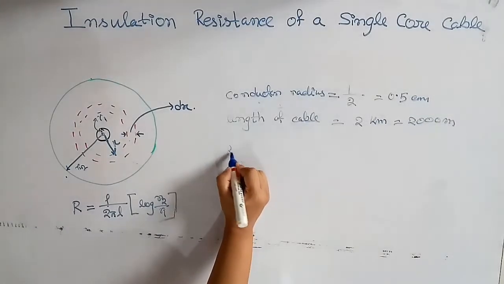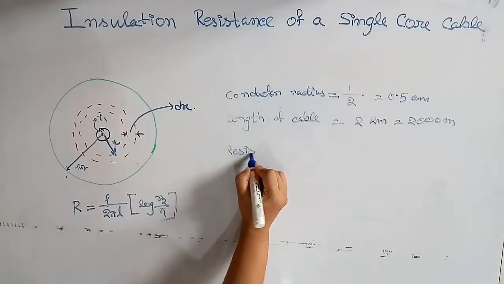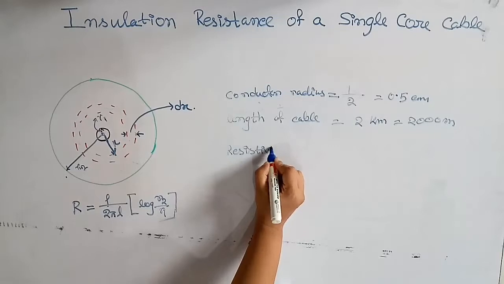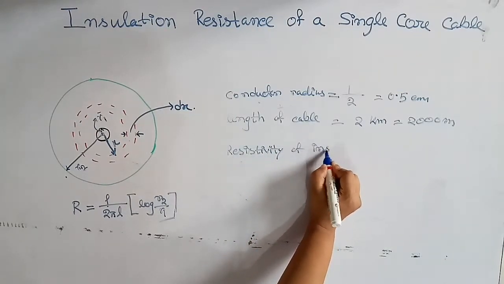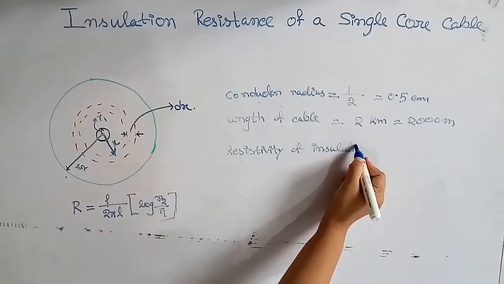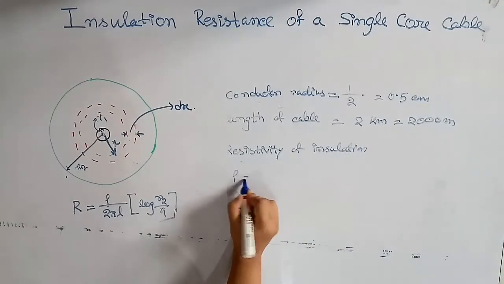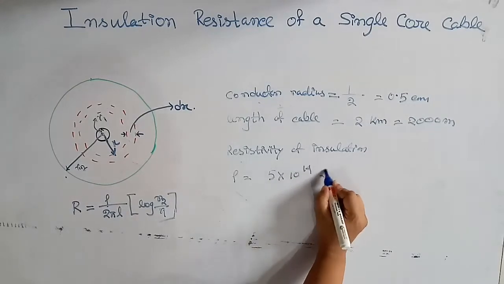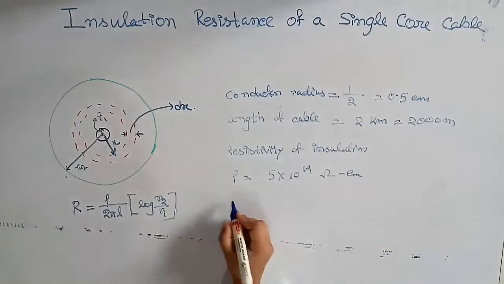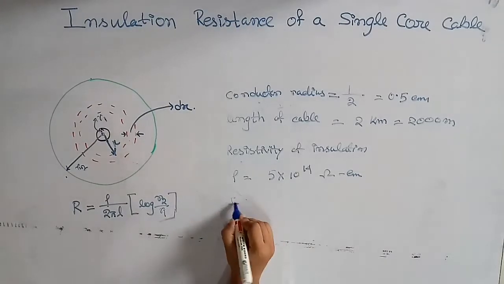The resistivity of the insulation is 5 into 10 to the power 14 ohm centimeter.